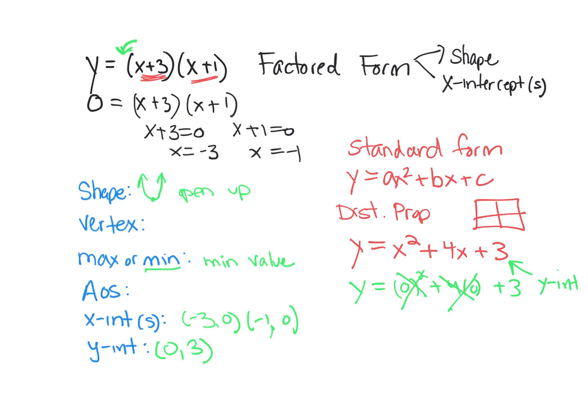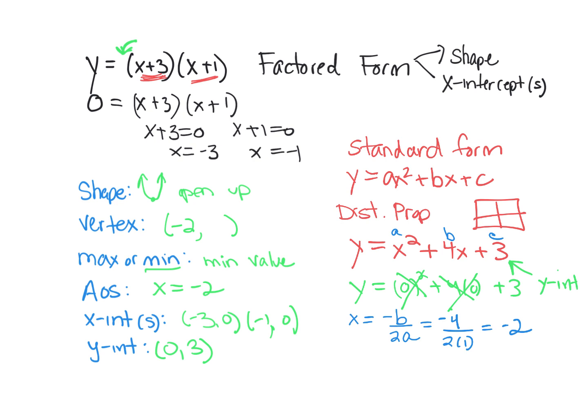Now, for our axis of symmetry, we've been practicing using a formula: the x-coordinate of the vertex is equal to the opposite of b divided by 2 times a. And so if we now know our a, our b, and our c, the opposite of b divided by 2 times a is going to give us an x-coordinate of -2 for our vertex. That now tells us we know the x-coordinate of the vertex, and we know our axis of symmetry.